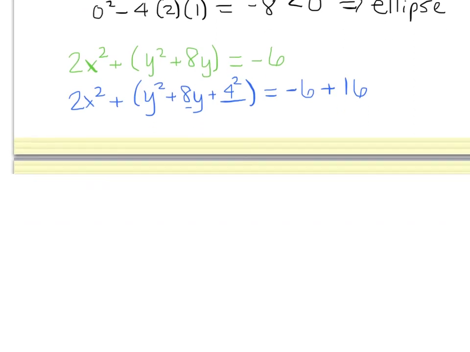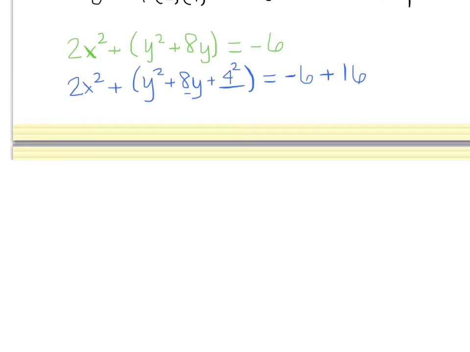Now I'm going to go through and simplify. So I'm going to end up with 2x squared plus, now the whole point in completing the square is to be able to simplify that. So I now know that I have y plus 4, the quantity squared, and then this is going to equal a negative 6 plus 16, which is 10.